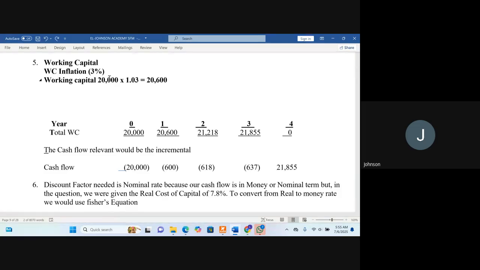For the second year, we have 103 divided by 100, which is 1.03, times 20 million.